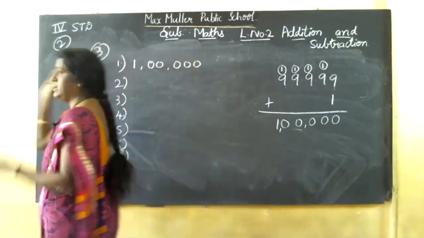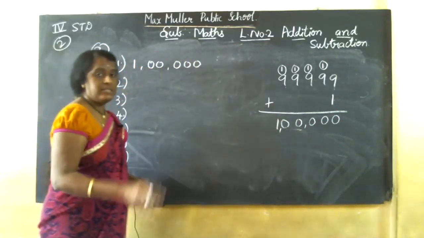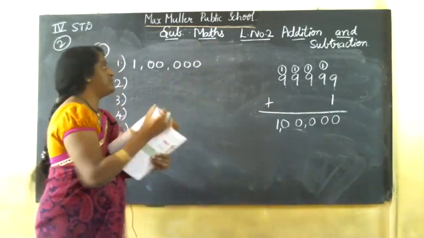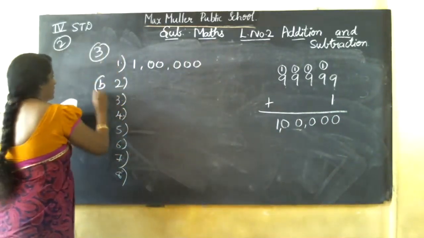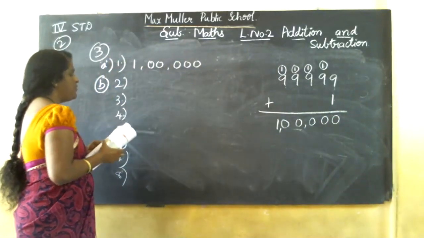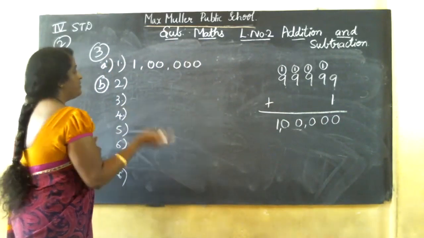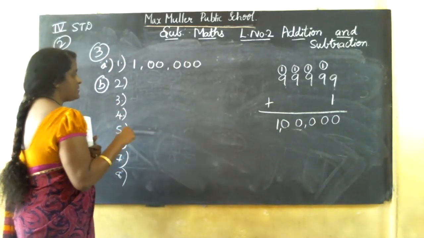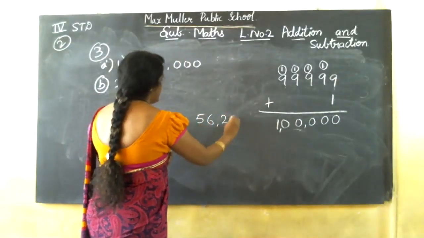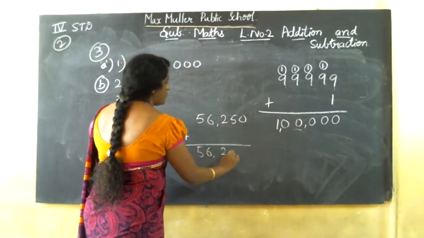Don't write so near. Leave a little place. Write 1 lakh. Now B. See B. A1 is here, B1 that side only, so don't write line by line. This is the B sum. Second one, B. This is A. B1 is 56,250 plus the answer is 56,250.